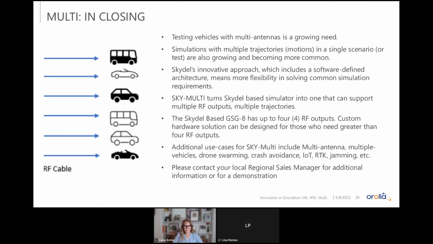In most cases, Skydel is limited by the hardware it's running on. So we can increase the hardware, increase the processing power, use more radios, and still from a single system be able to handle multiple trajectories. Like I said, we did 16. There's no reason that 16 is the limit. That's just what this customer needed. We could even do more.